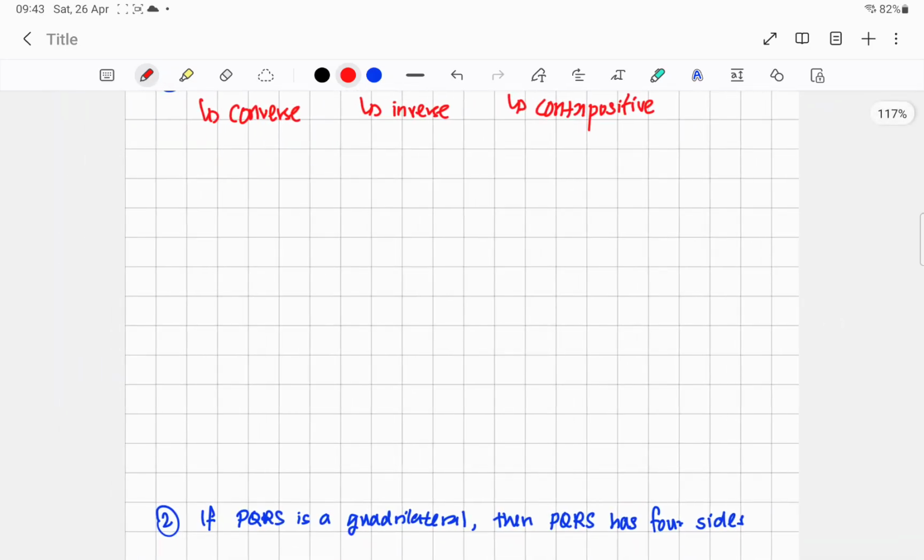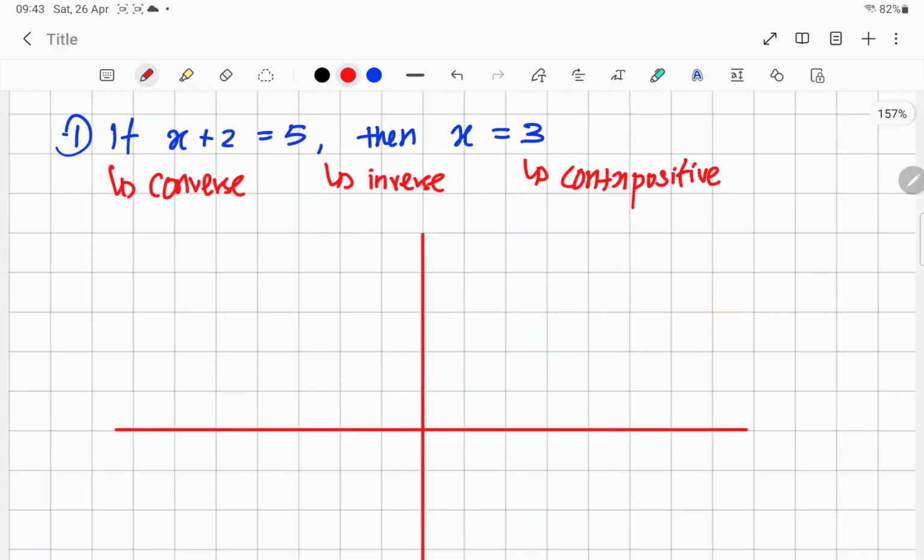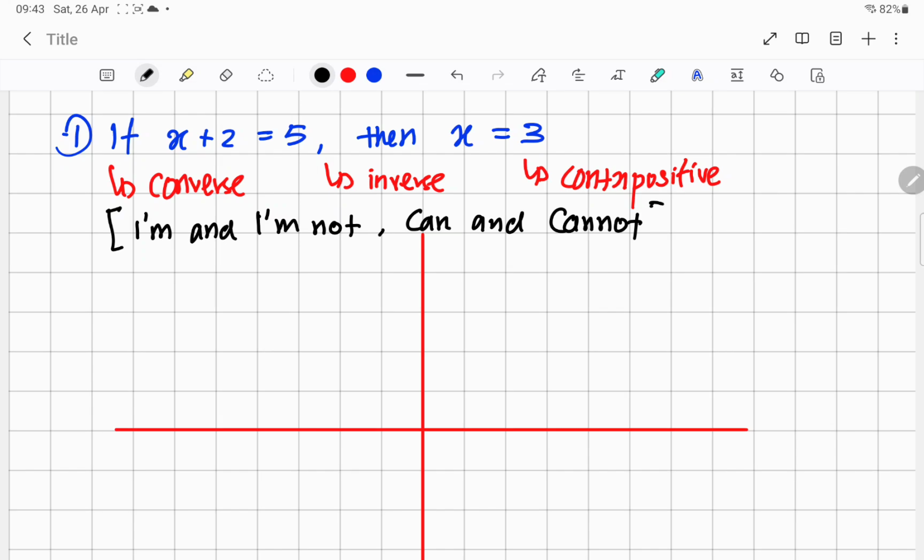So you need to draw a table like this. I call this method the I am and I am not, then can and cannot method.